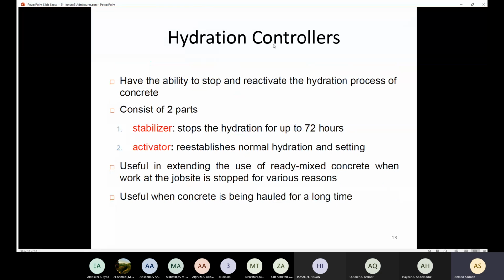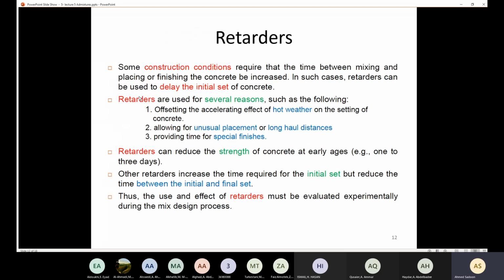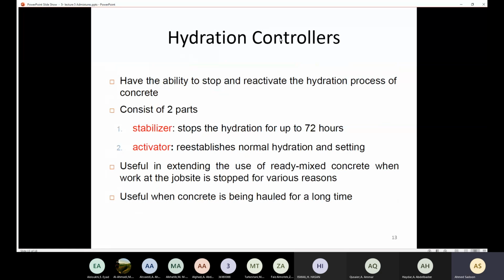So the hydration controllers have the ability to stop and reactivate the hydration process of the concrete. So the retarders are going to delay the initial set, but the hydration controllers are going to stop the hydration process itself. And also they have the ability to reactivate the hydration process again.